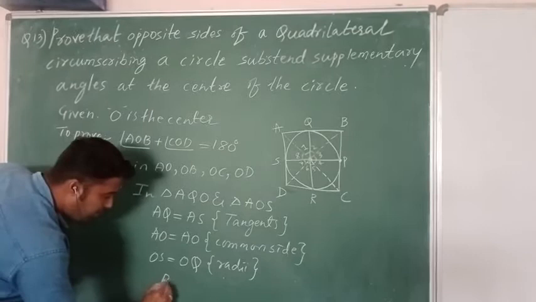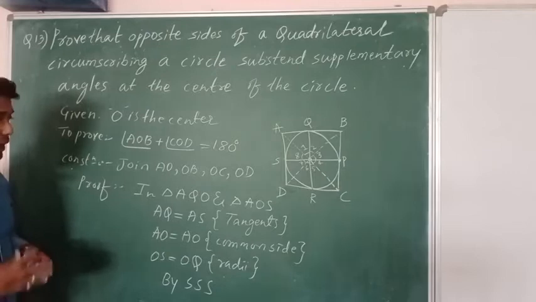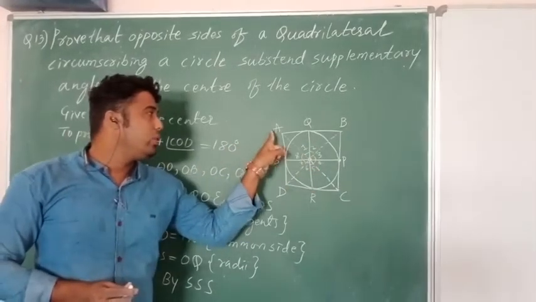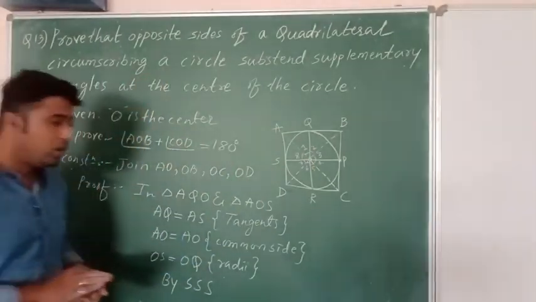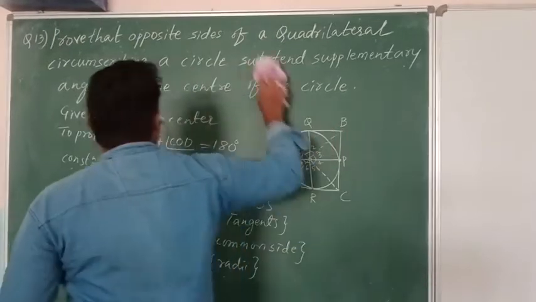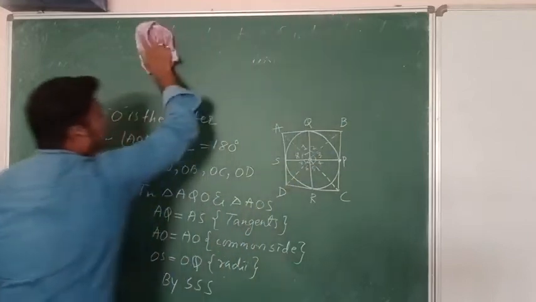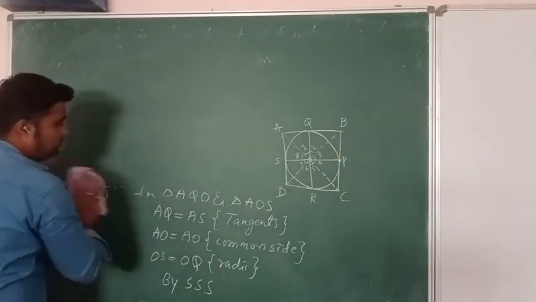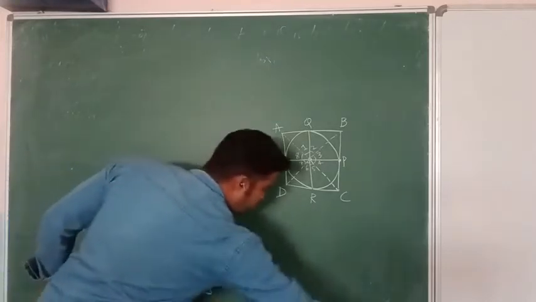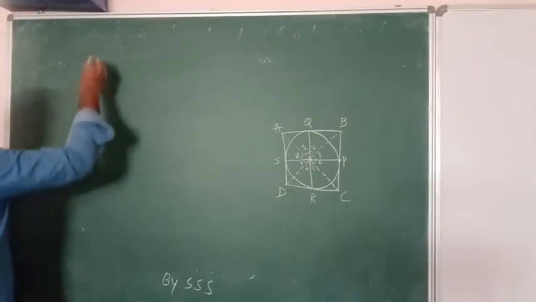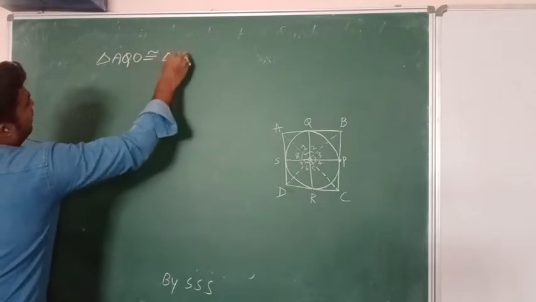So what can I say? By SSS, side, side, side, triangle AQO is congruent to triangle AOS.